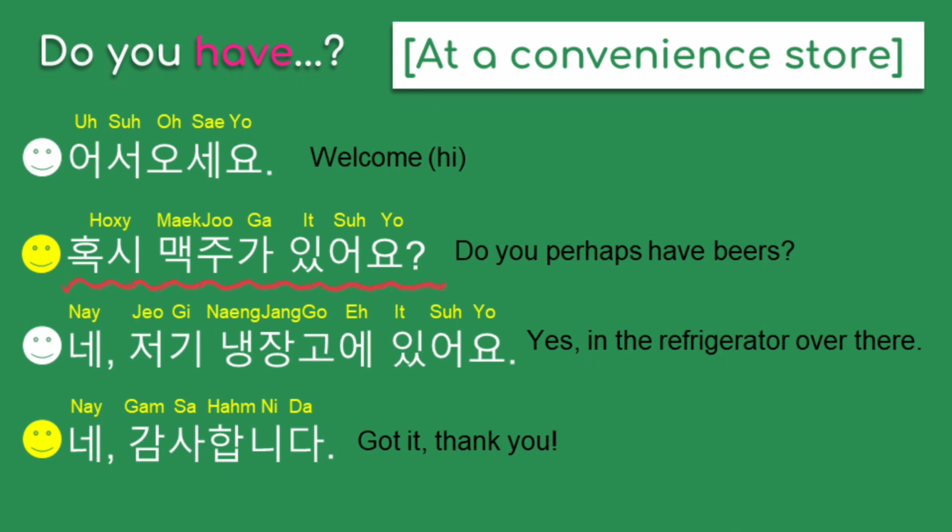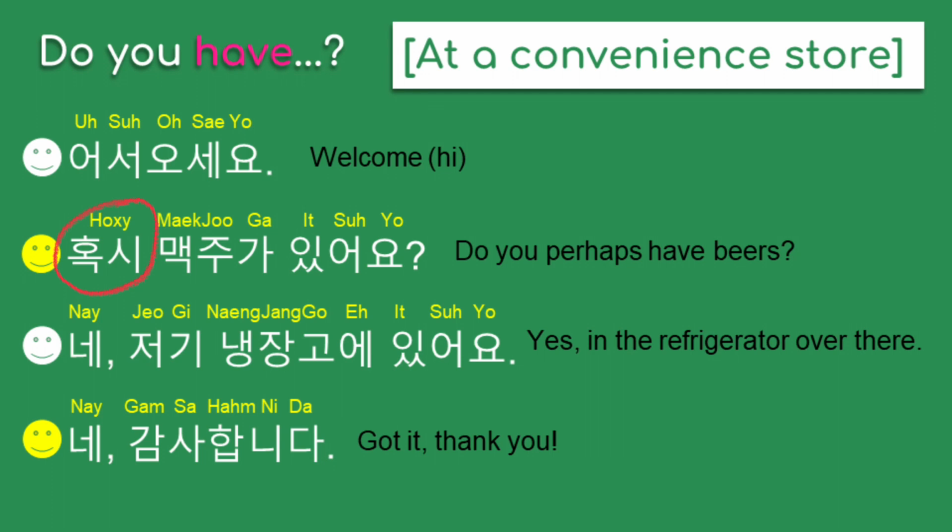The second one. 혹시 맥주가 있어요? 혹시 means perhaps. Do you maybe? So in the pronunciation in English, I put HOXY and it became kind of a meme in Korea.